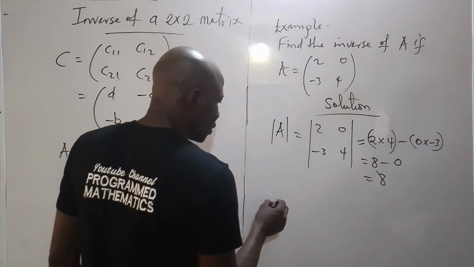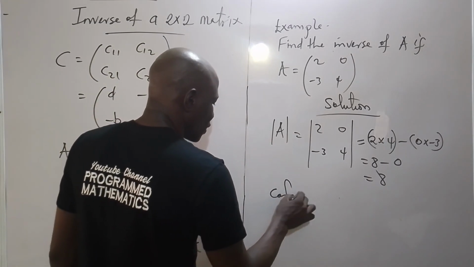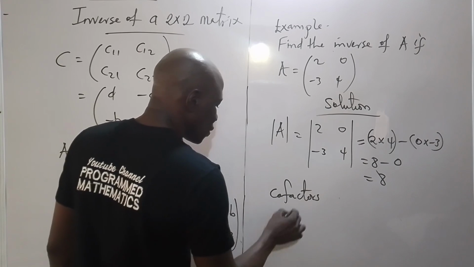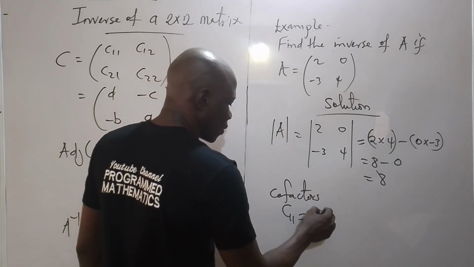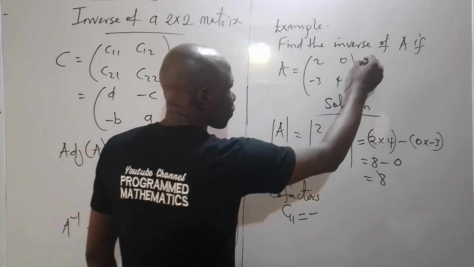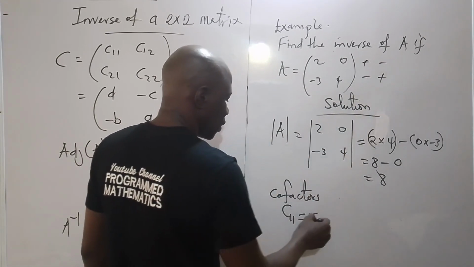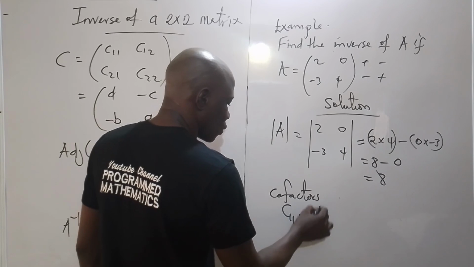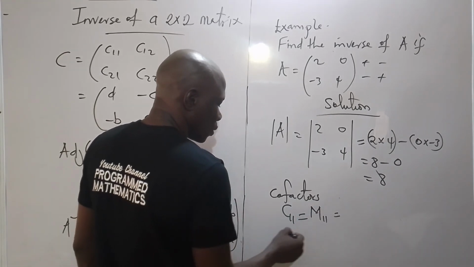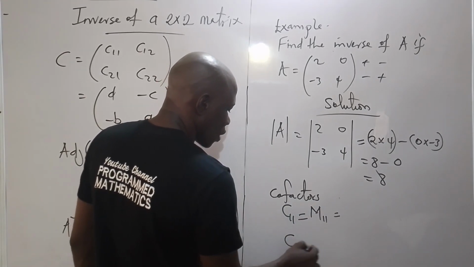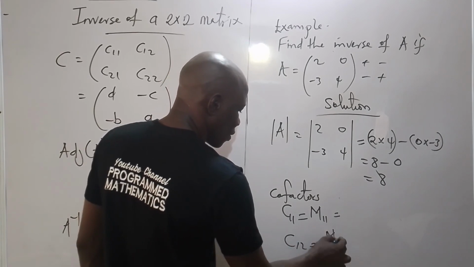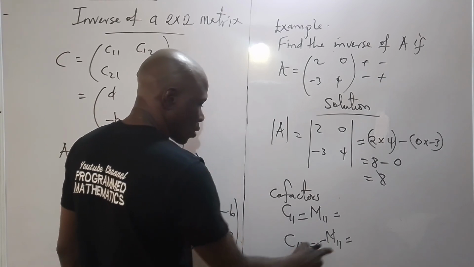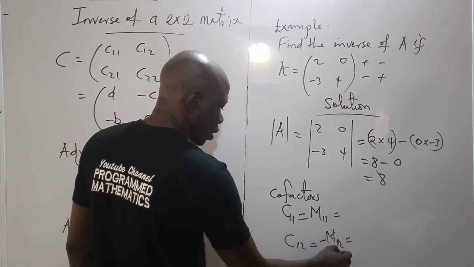Then the next thing, we obtain the cofactors. Let's get the cofactors. C11, the sign convention is positive, plus, minus, minus, plus. So this is plus M11, the minor. Then C12, the sign convention is minus, so minus M12, the minor.